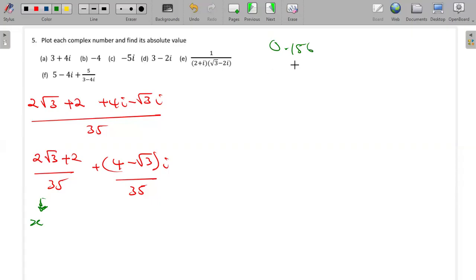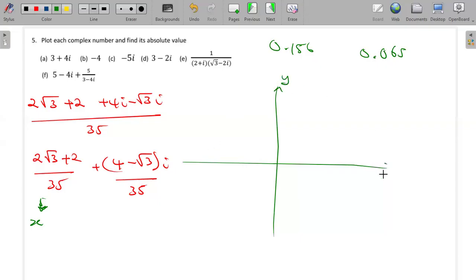Then let's see for the other one. You have 4 minus root 3, then divided by 35. That gives you another smaller number, which is 0.065. So this just gives you that approximation. So you have y here and you have x. They are both positive numbers.